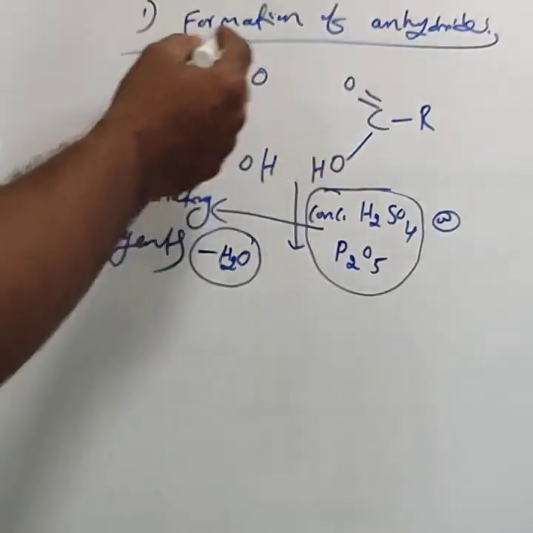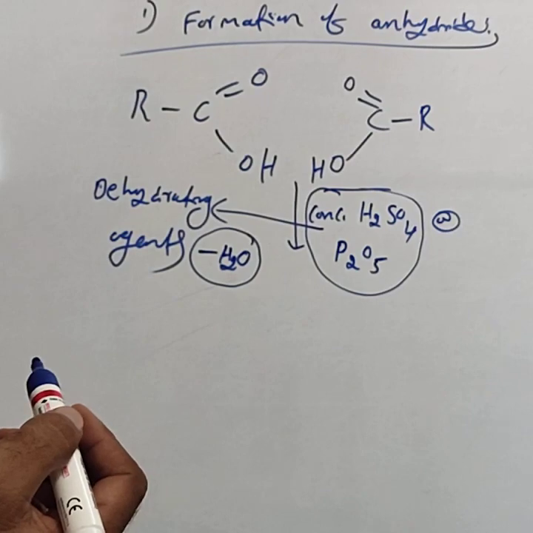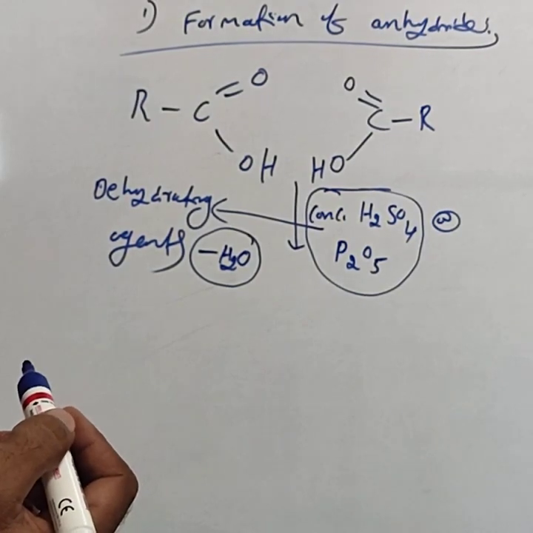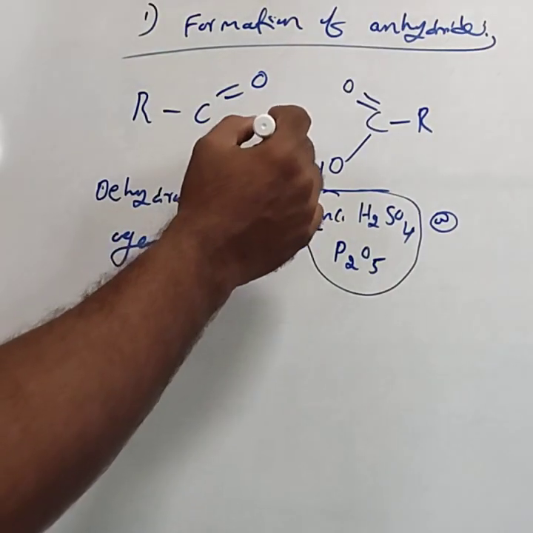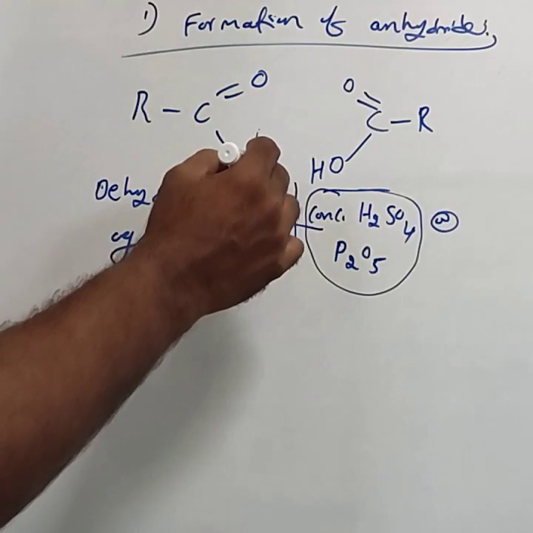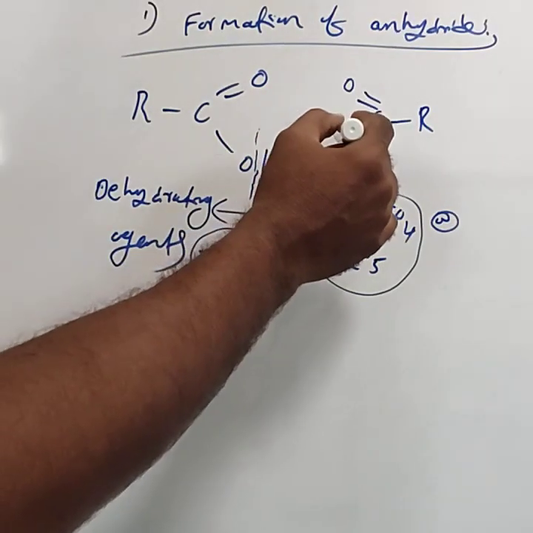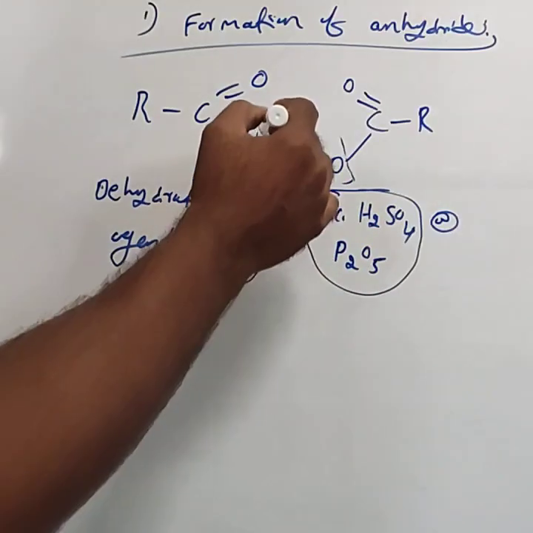Generally, if they give this for completing the reaction, you have to remove the water molecule. From this carboxylic acid, OH bond cleavage takes place. From the other mole of the carboxylic acid, C-OH bond cleavage takes place.